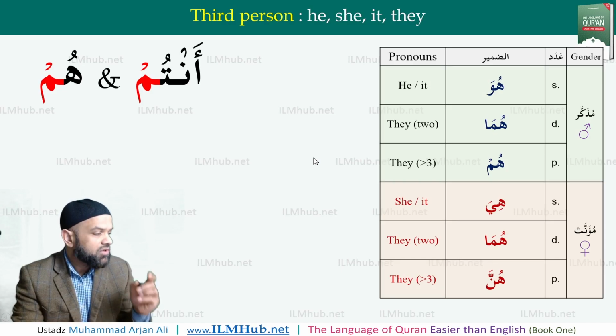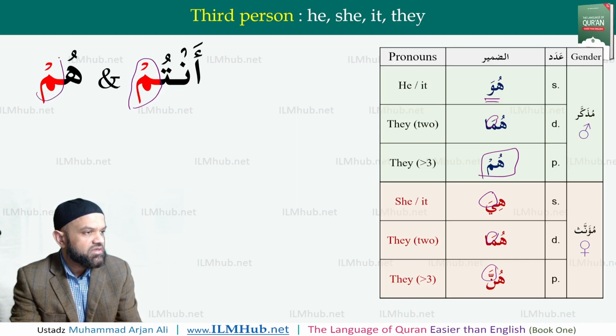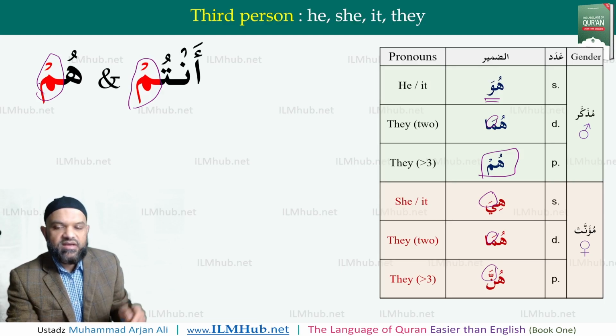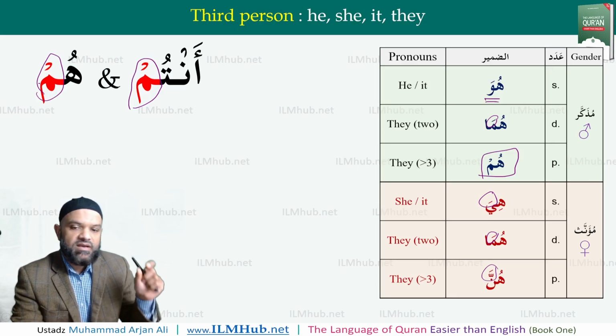Now you'll note all the pronouns that we've seen, they all end with some vowel. There's a vowel sound at the end of each of the pronouns except for antum and hum, which both conclude with a sukoon.